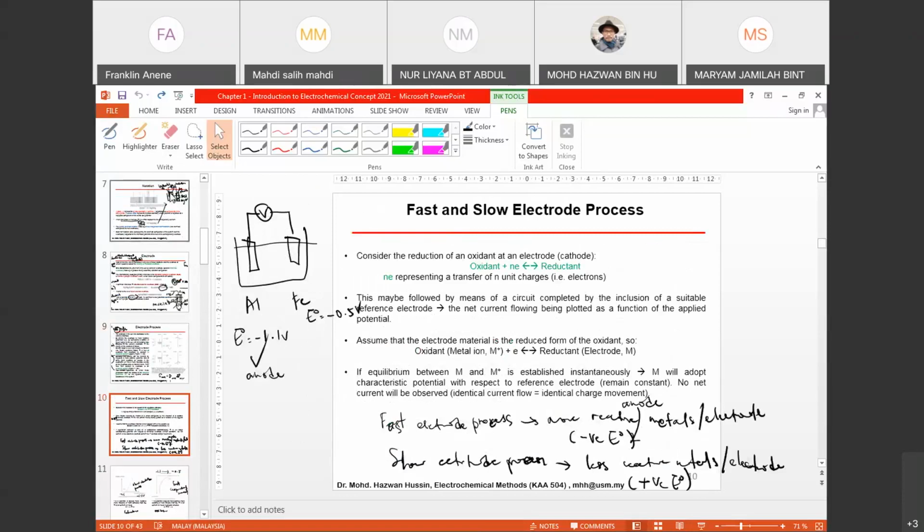We also went through fast and slow processes. For a fast process, this is related to the phenomenon where the more reactive metals will experience oxidation at the anode, then the process will be faster. Meanwhile, a less reactive electrode will be considered a slow electrode process, because it cannot actually produce the electron, but instead it will consume the electrons to proceed with the reduction process.